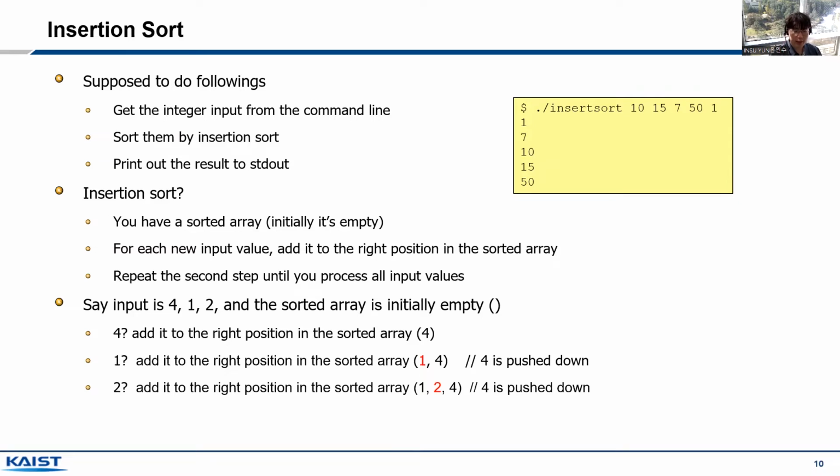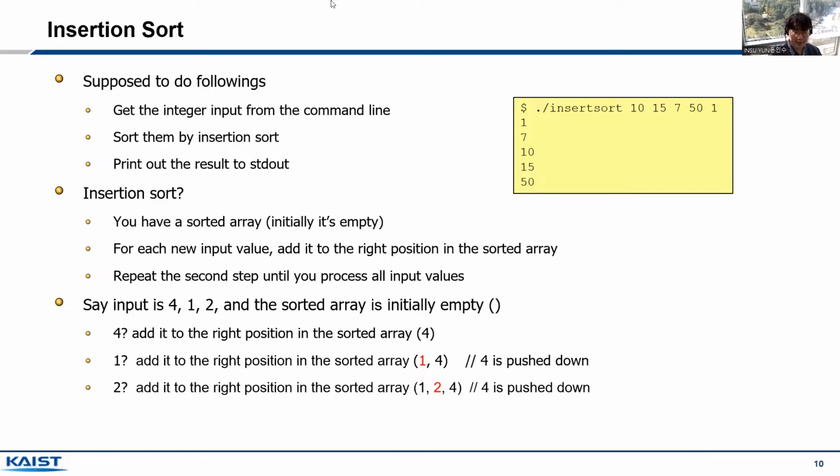The right position should be the second position in the sorted array. So we push 4 down, and we put 2 in the second position of our array. We repeat this, and then we will get the sorted array.